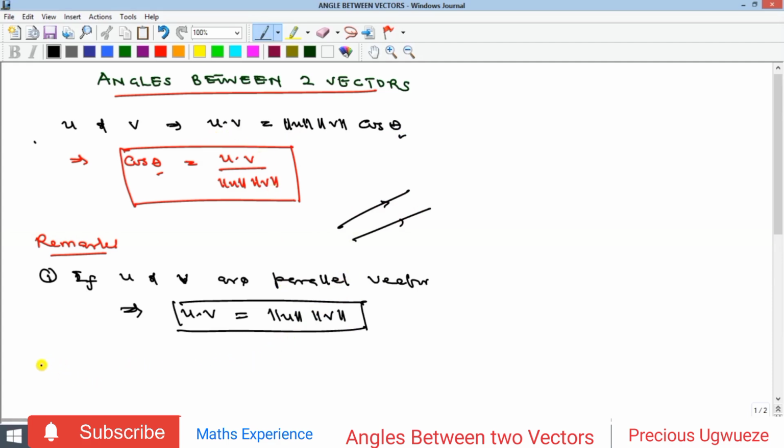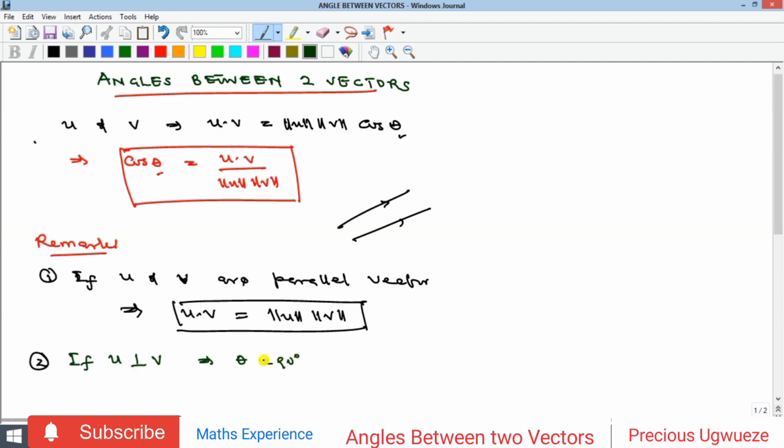Secondly, assuming u and v are not parallel, but they are perpendicular, so the angle theta is 90 degrees.